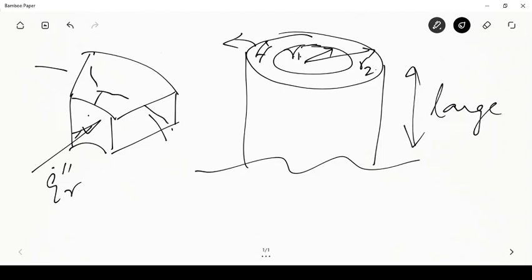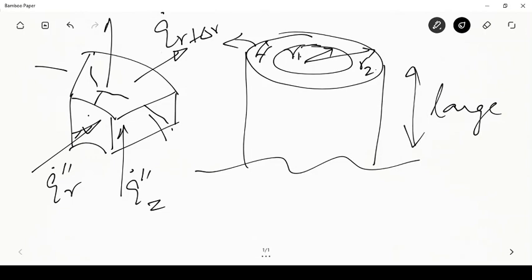So the heat flux here would be q dot double prime r plus delta r. Similarly, you might have q dot double prime z here, and on top q dot double prime z plus delta z. Right.